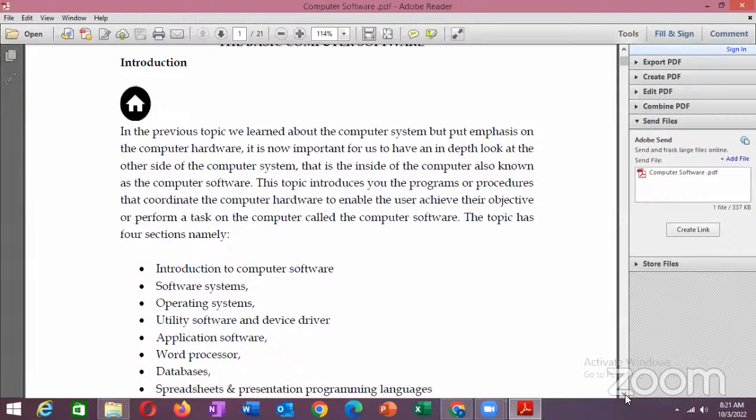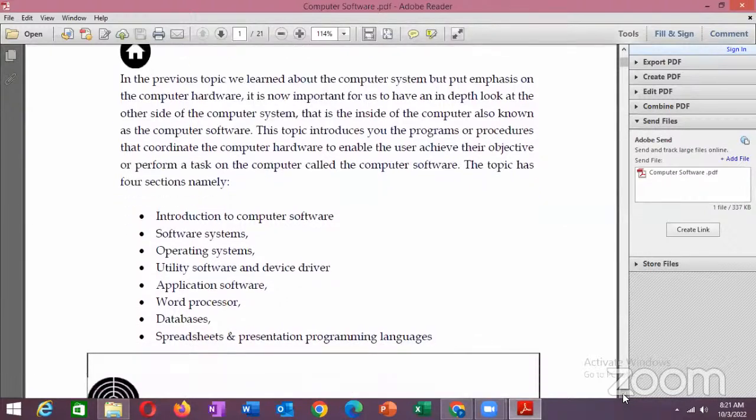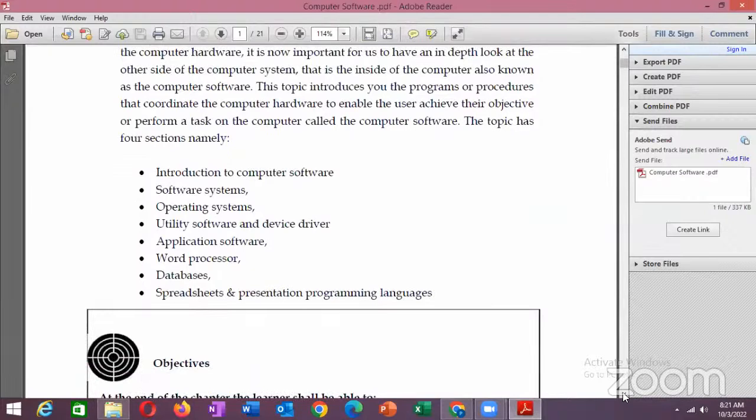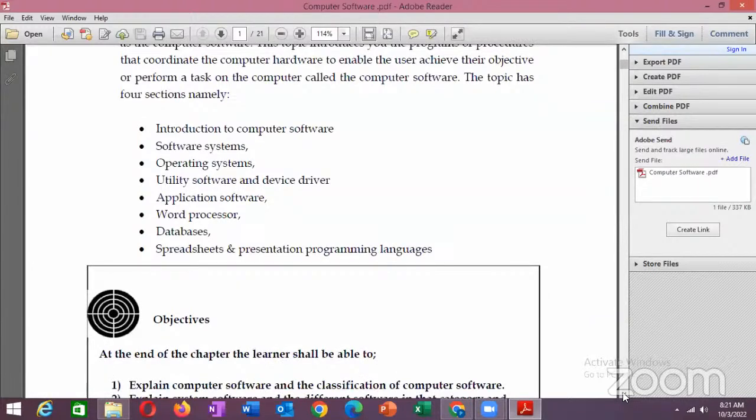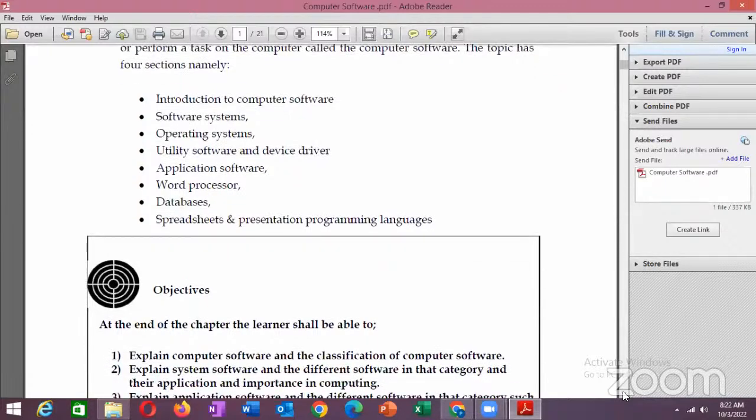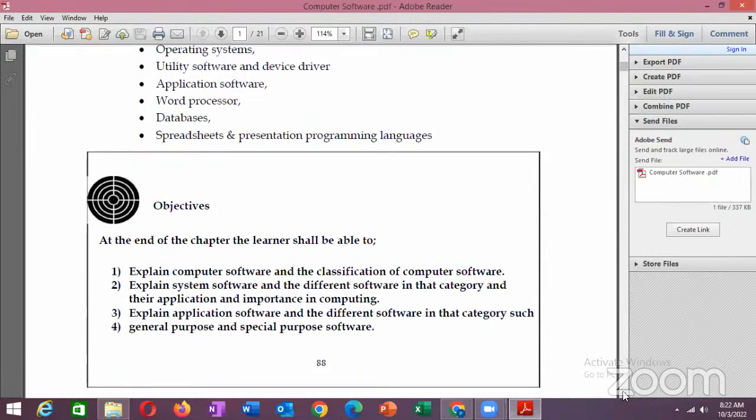The topic has 4 sections, namely introduction to computer software, software systems, operating systems, utility software, and device driver, application software, word processor, database, spreadsheet, and presentation, programming languages.